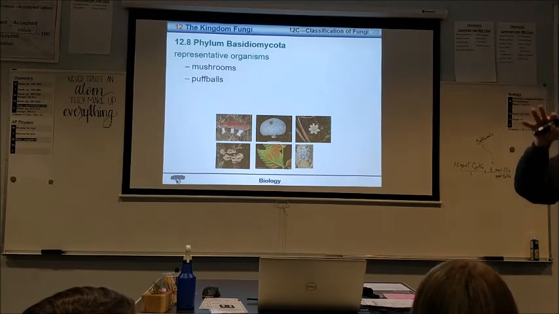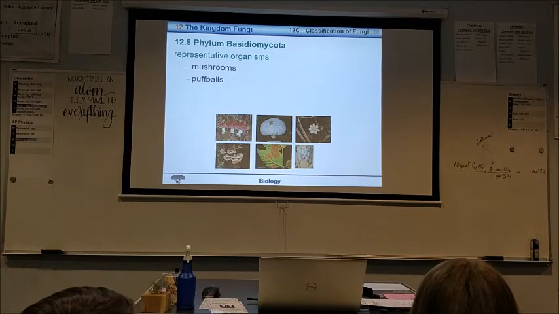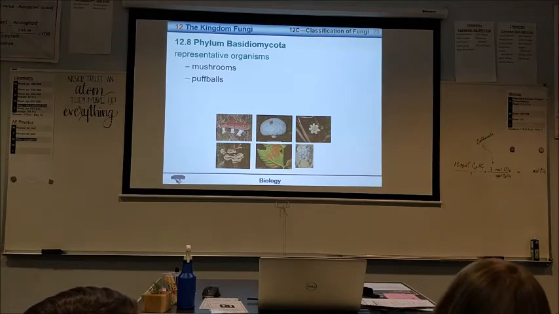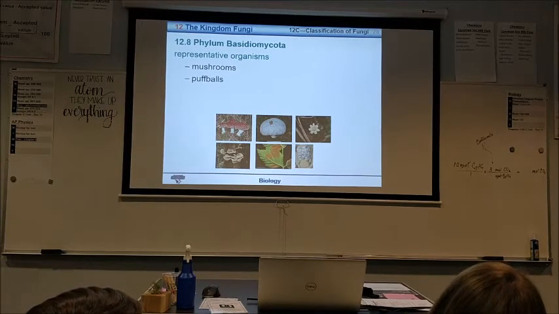That goes spreading out, and they'll make some more puffballs. If some animal stomps on it, or you stomp on it, it goes flying everywhere. It's like a black powder, but the spores quite often have this black look to them.